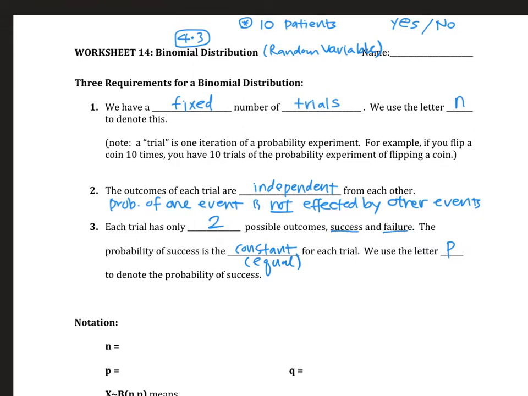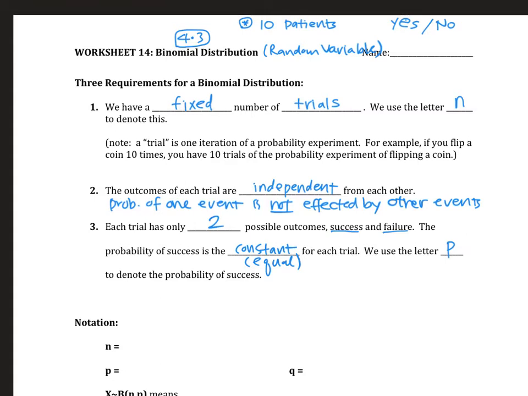Another example we can think of is, let's say I flip a coin 10 times. We decide we're going to run our experiment 10 times, right? So n is going to be 10. I flip and try to see how many times I get tails. The probability of getting a tail on the second toss is not affected by whether or not I tossed a tail in the first trial, right?